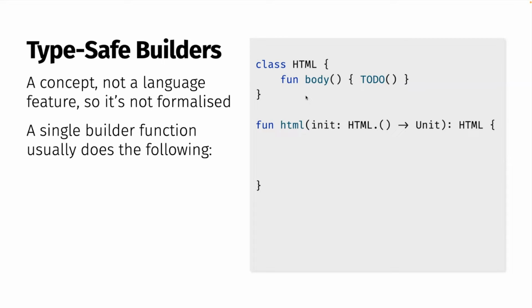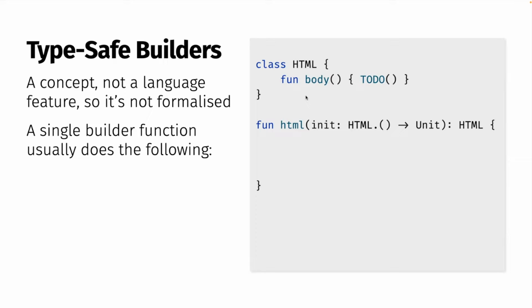As you can see, the type takes no parameter and returns nothing, so it's just a function that just runs. But the receiver is of type HTML, the receiver of this init parameter function. And we see also that this function html has to return an instance of HTML.